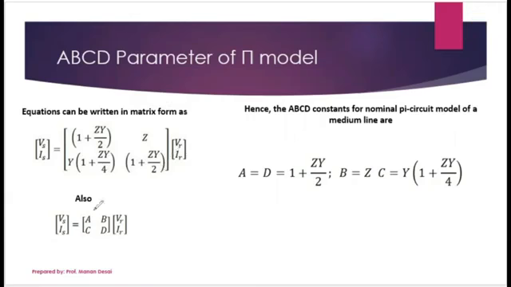So it is the matrix form in ABCD form. We fulfill the conditions: A is equal to D is equal to 1 plus ZY by 2. A and D are the same. B is equal to Z, and C is equal to Y times 1 plus ZY by 4. So here we have completed the ABCD parameters of the pi model, also with the vector diagram. Okay. Thank you.